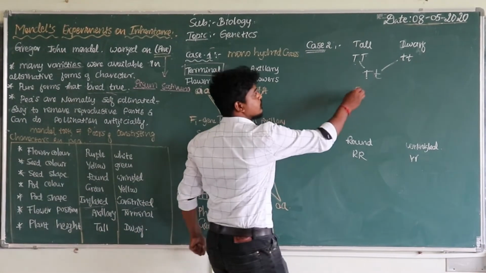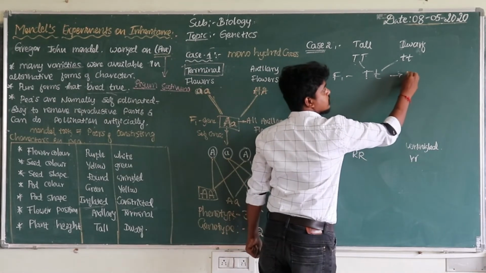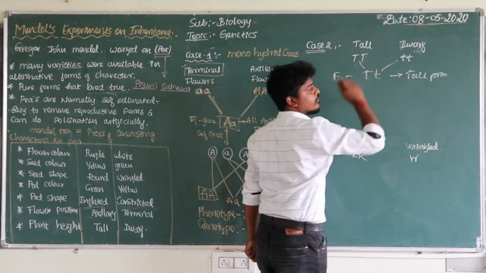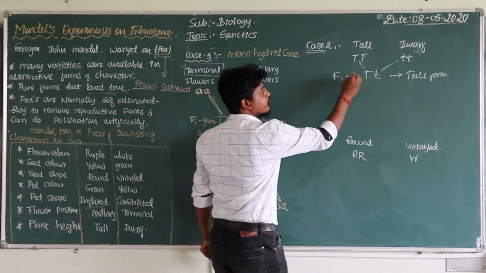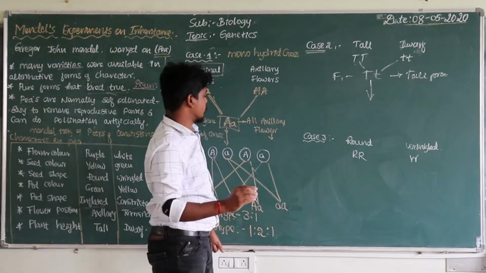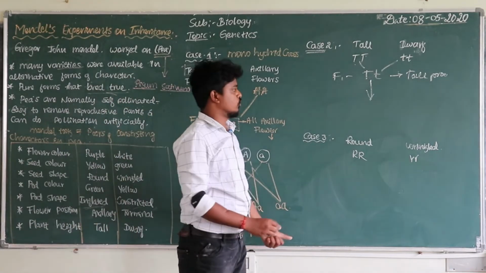Understood? Which means the F1 generation produces completely tall plants. It completely dominates the dwarf plants. When you self cross these tall plants, we will get the same kind of F2 generation.